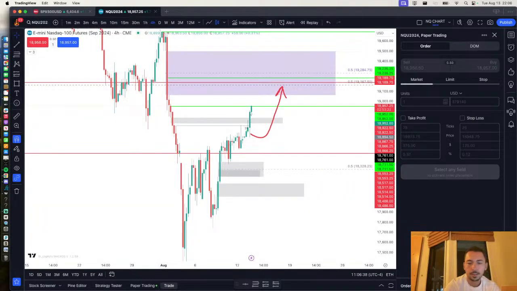That's how the market runs. Wow, that was beautiful. What a beautiful trade.